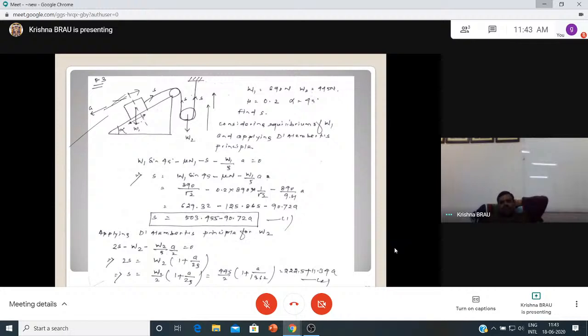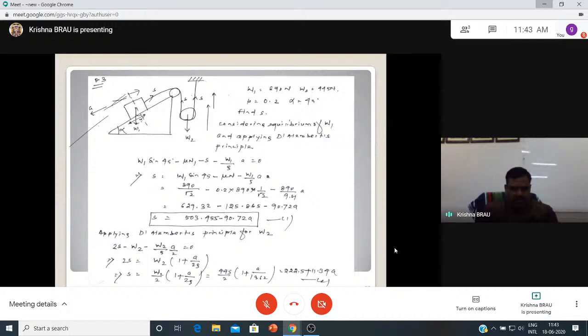So now what we have to do is W1 sin 45, where alpha is 45 degrees. W1 sin 45 is in the opposite direction. Inertia force is in this direction. This and this are positive. The frictional force is opposite, that's why these two are in the same direction.